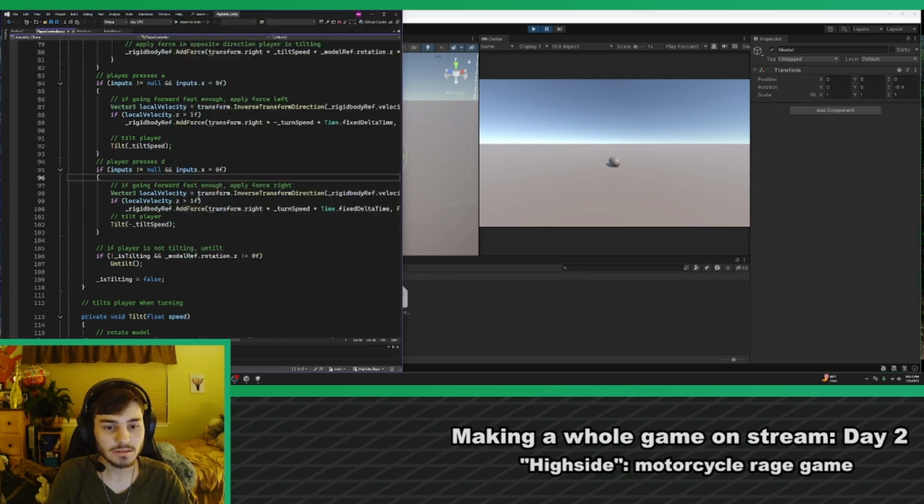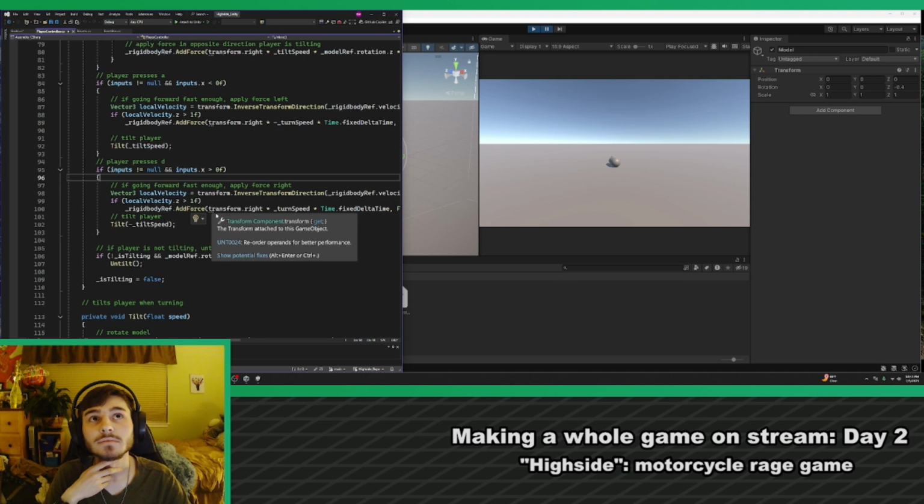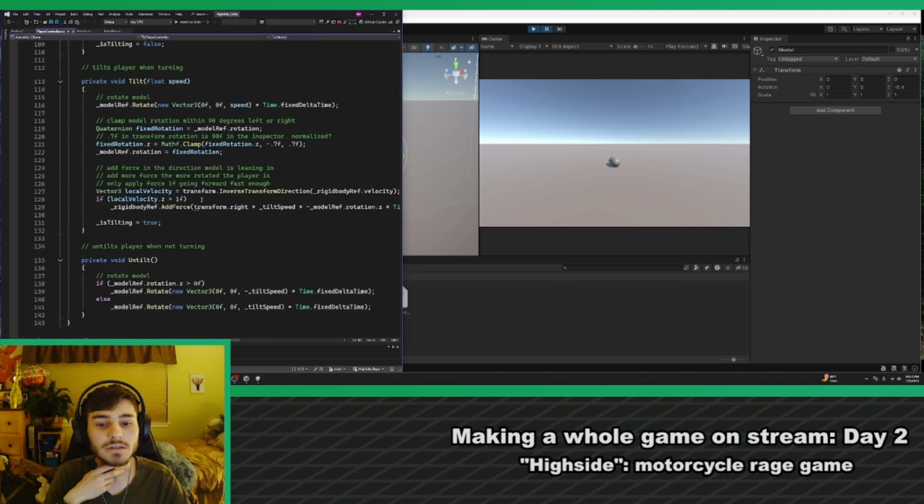Let's just... So the faster... For now, let's just see what happens when we do pretty much the same thing with the other direction, with the other axis.